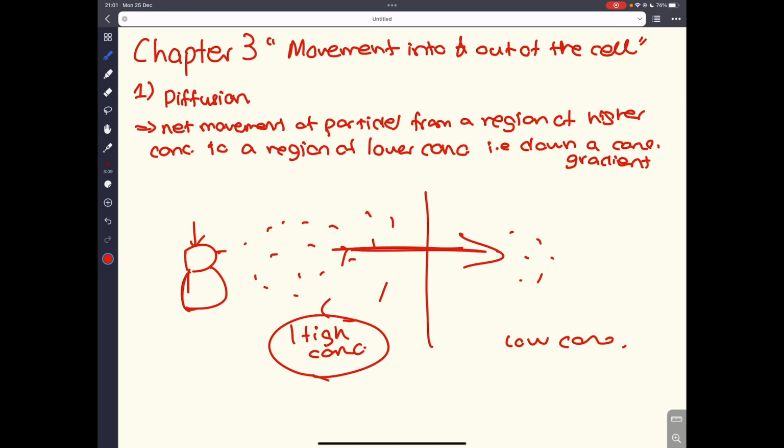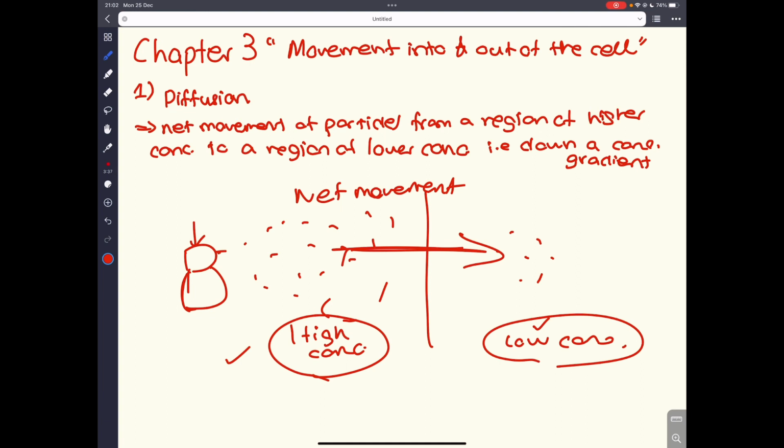Note that this does not mean that the particles do not move sideways or from low to high. They do. But the emphasis is the net movement. The net movement of these perfume particles, or any particles as a matter of fact, is from high to low concentration.